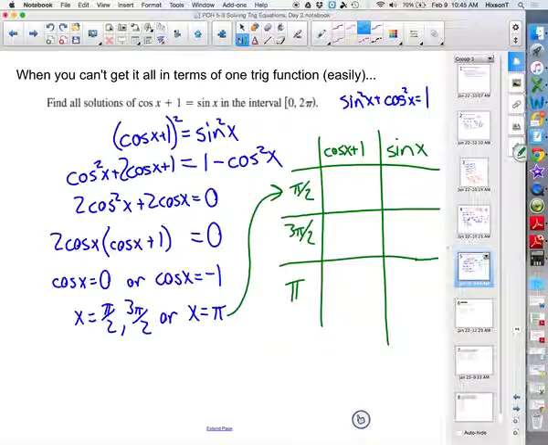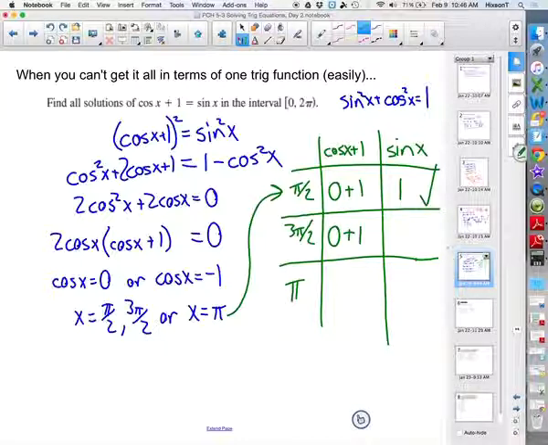So, what's cosine of pi over 2? 0. So 0 plus 1. What's sine of pi over 2? 1. So that one works. What's cosine of 3 pi over 2? 0. So 0 plus 1.